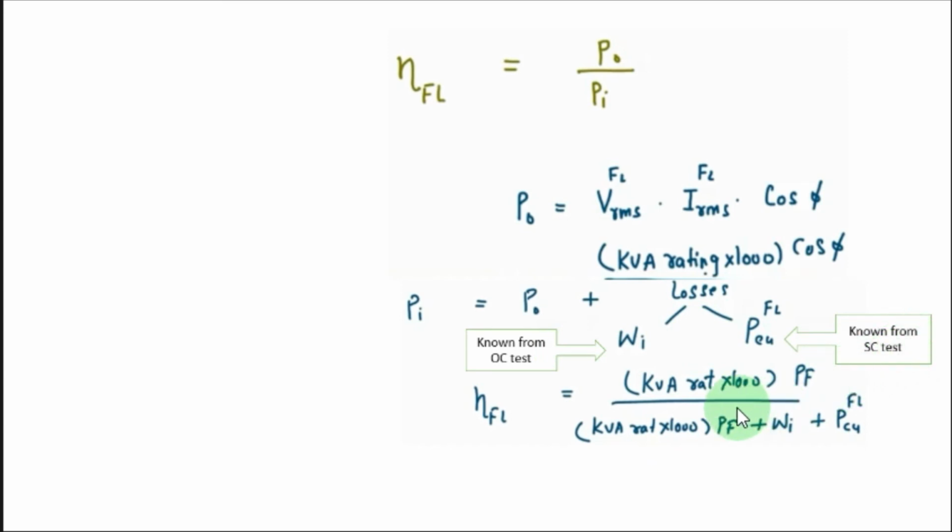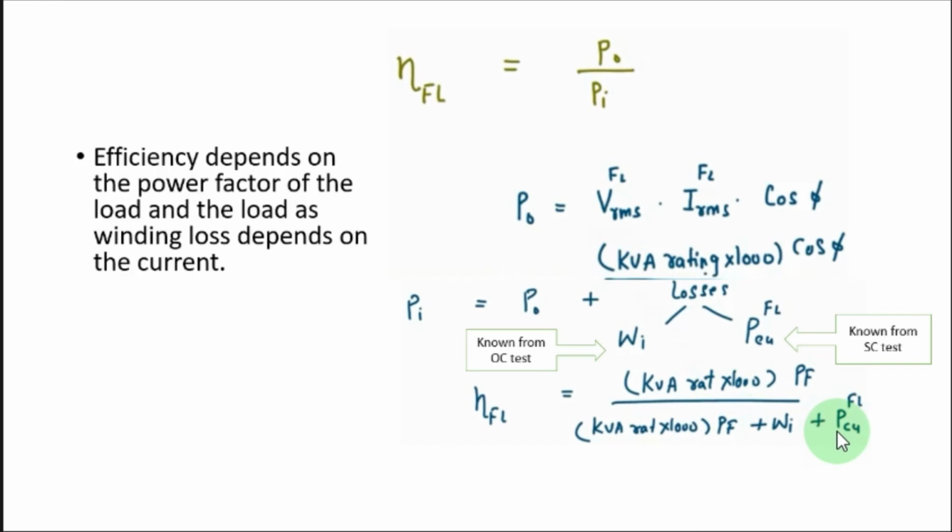So the kVA rating you already know, into power factor, divided by kVA rating into power factor, plus iron loss and the copper loss at full load.